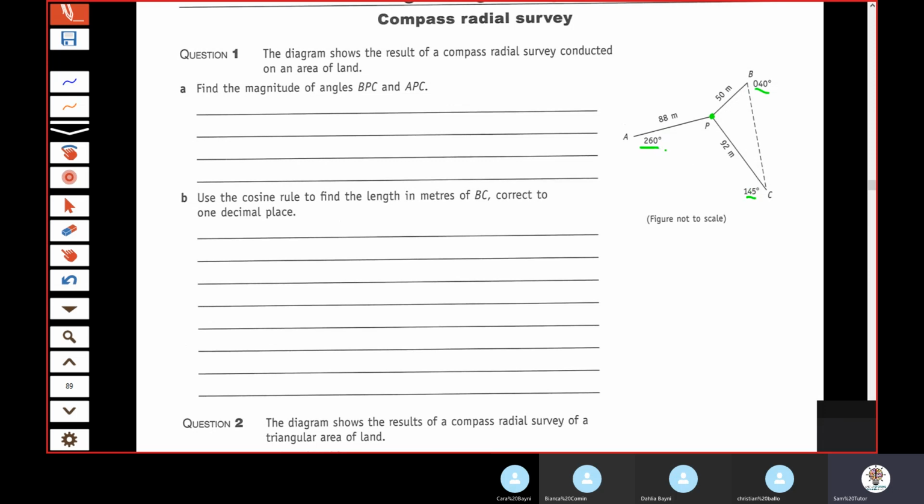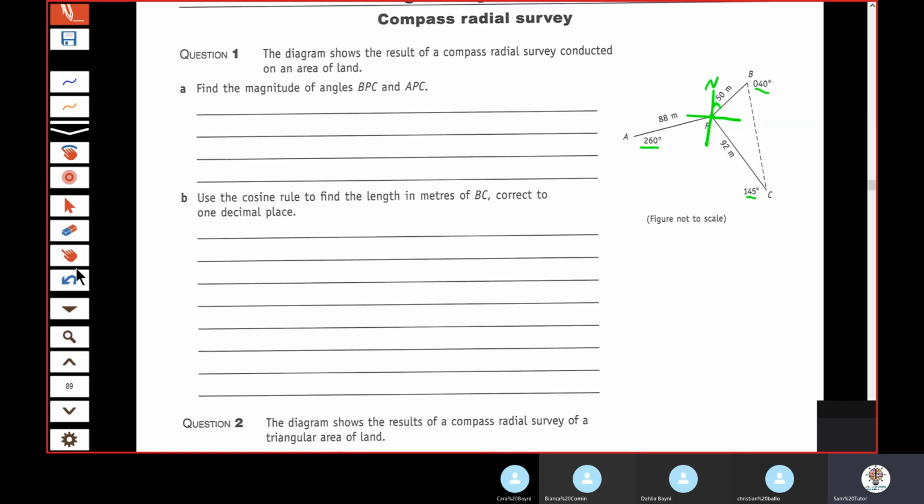The way it works is you draw your bearings. B is 40 degrees from north. That angle there, which one?